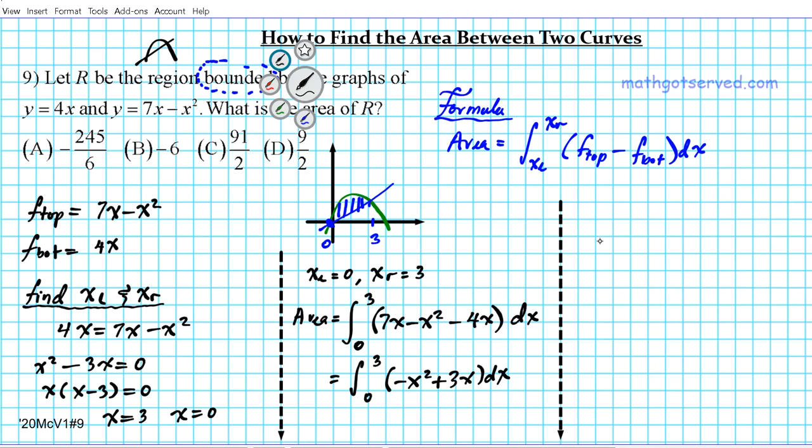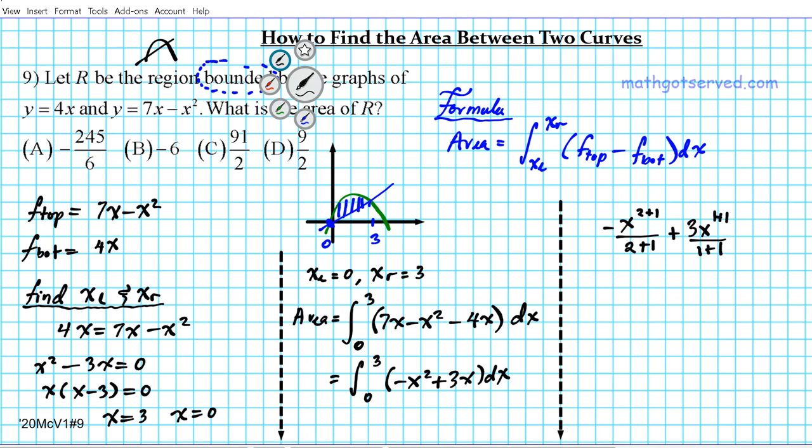So when we evaluate it, let's find the integral. If you evaluate the integral using the power rule, it's going to be negative x to the 2 plus 1 over 2 plus 1, plus 3x to the 1 plus 1 over 1 plus 1.